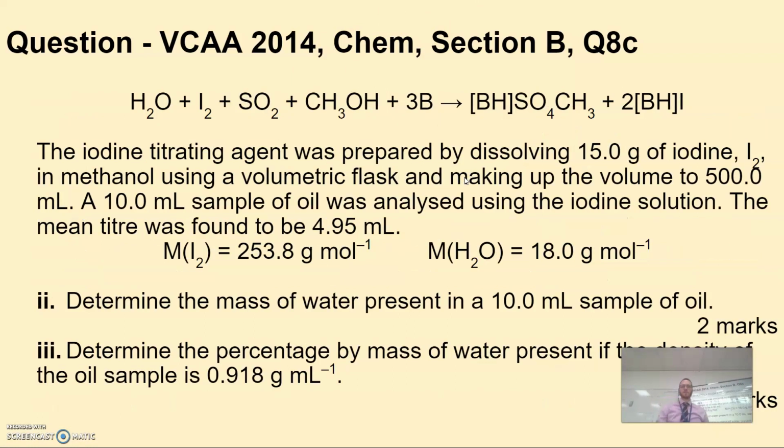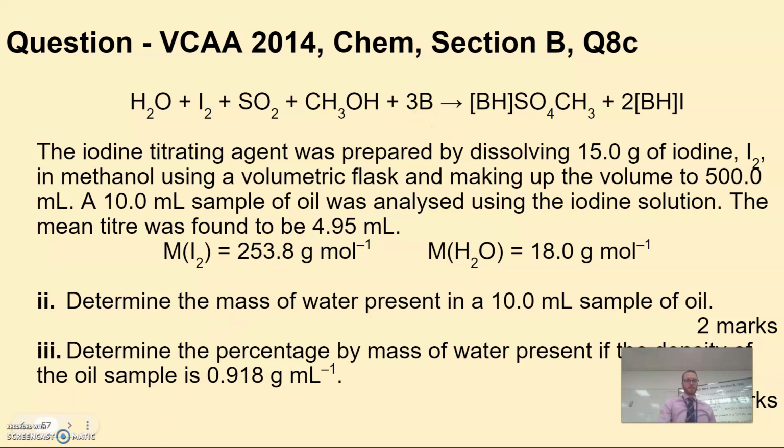Iodine titrating agent was prepared by dissolving 15 grams of iodine in methanol using a volumetric flask, made up to 500 mL. A 10 mL sample of oil was analysed using the iodine solution, the mean titre was found to be 4.95 mL. Determine the mass of water present in the 10 mL sample of oil.